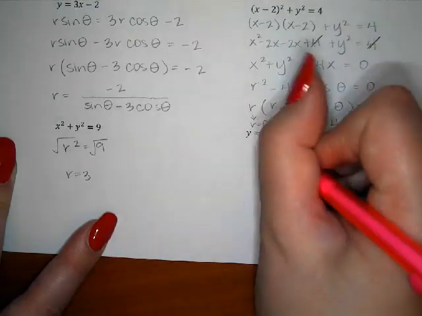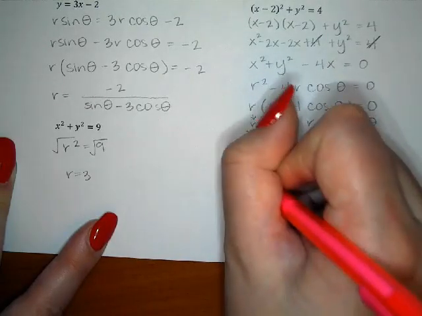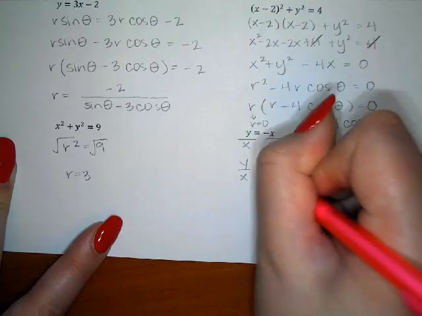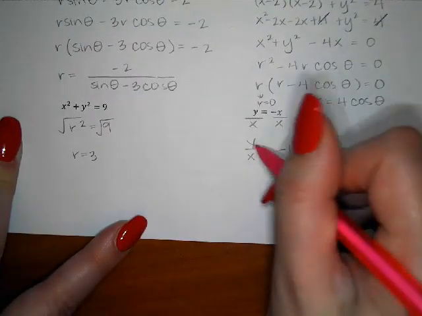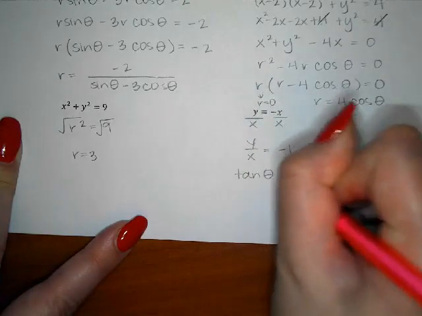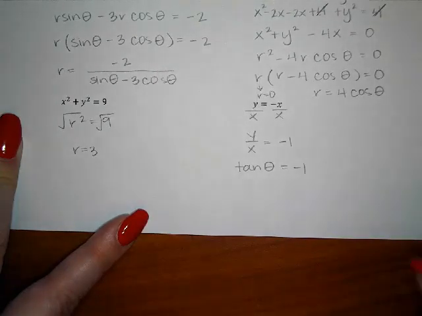So I'm going to divide by x, and that's going to give me y divided by x equals -1. And so what I'm going to get for y divided by x is tan theta. If you did it the other way, you would end up with a sine over cos, and you'd have to replace that with tan theta. So this way is a little bit easier.